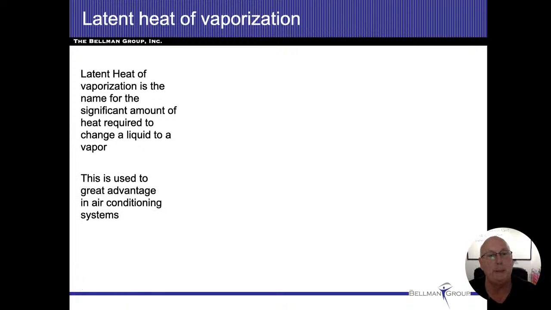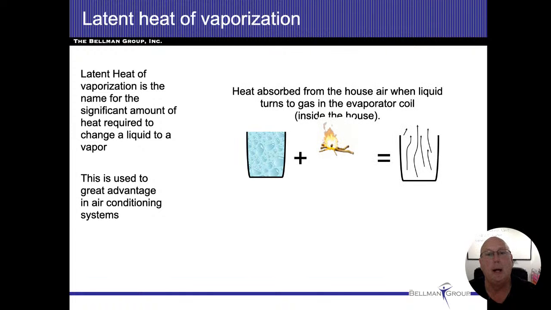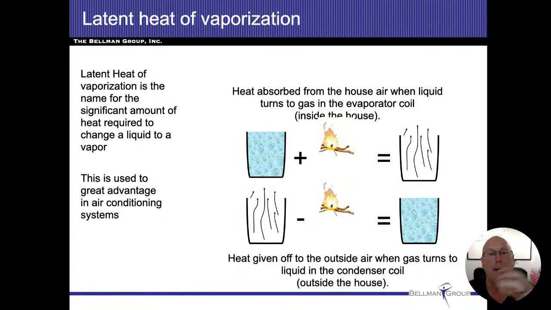So going back to the BTUs, we talked before about if I add heat to something, it changes from a liquid to a gas. If I remove heat from something, it changes from a gas to a liquid. The first one, going from a liquid to a gas, is latent heat of vaporization. We say it takes about 1,000 BTUs to take that 1 pound of water and completely convert it over to a gas.